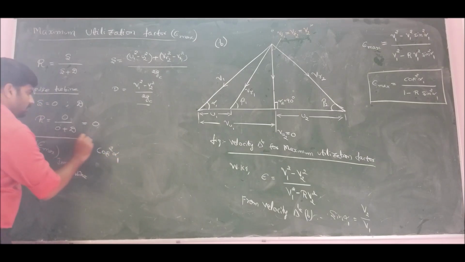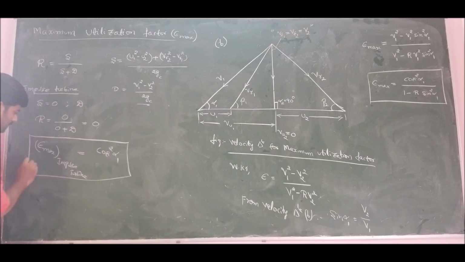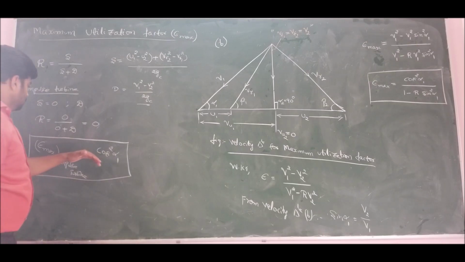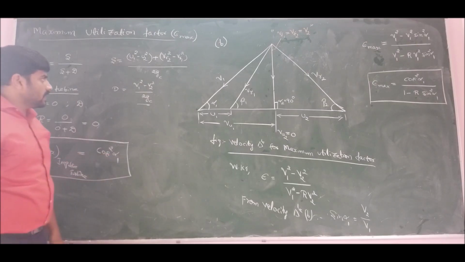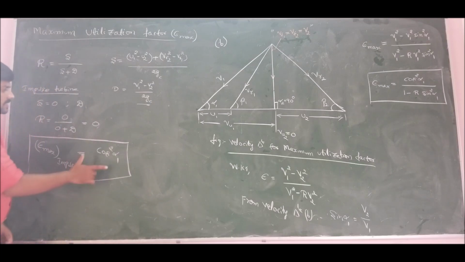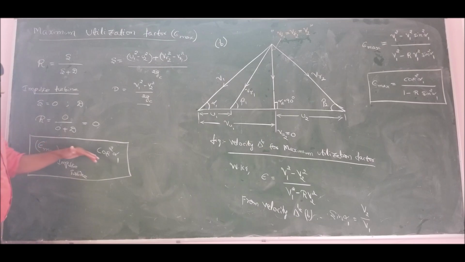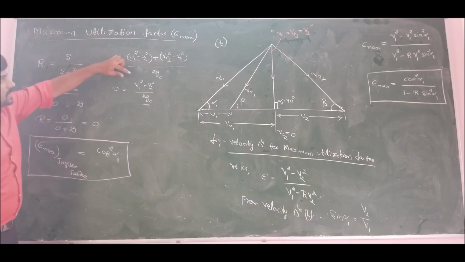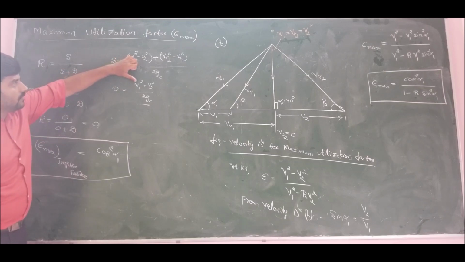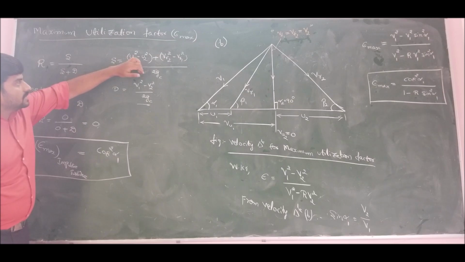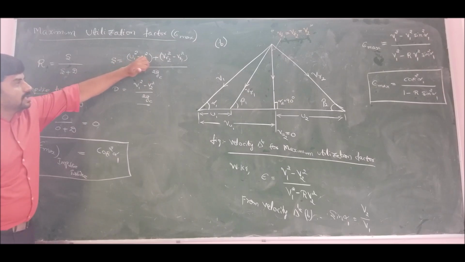Therefore the maximum utilization factor for impulse turbine is epsilon max is equal to cos square alpha 1. So this cos square alpha 1 is the maximum utilization for impulse turbine, which is caused only because of dynamic component of energy transfer. If you clearly observe, the dynamic component depends only on absolute velocity of the working fluid at inlet minus the absolute velocity of the working fluid at discharge.